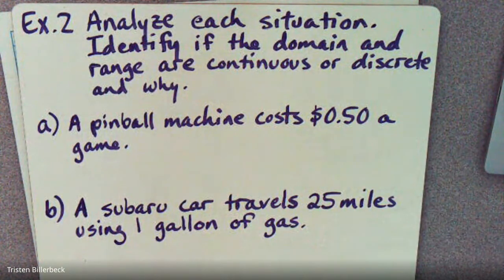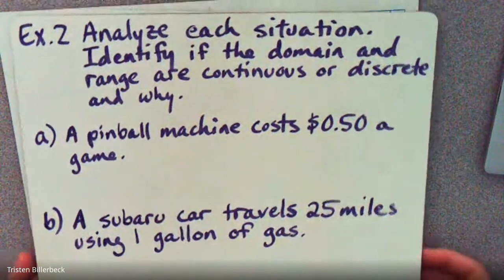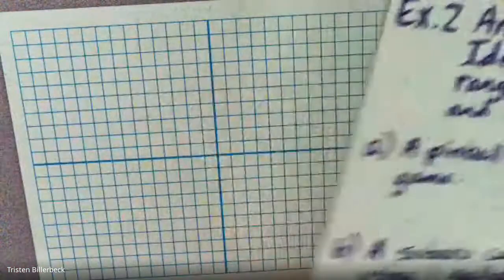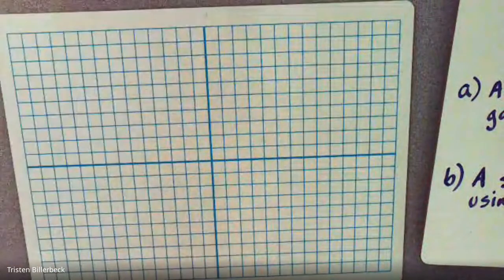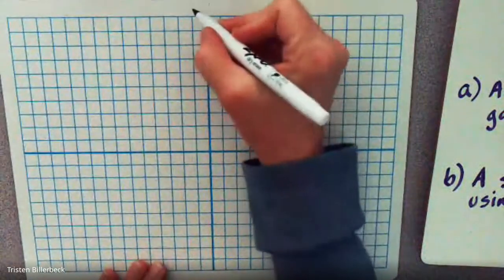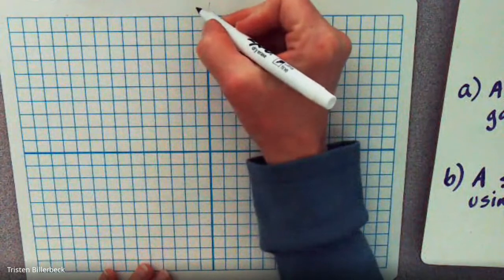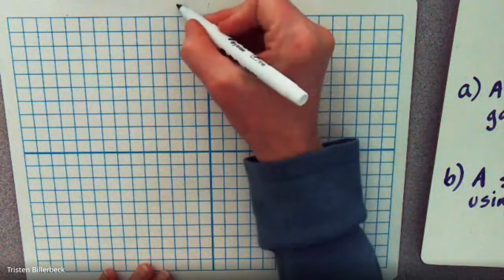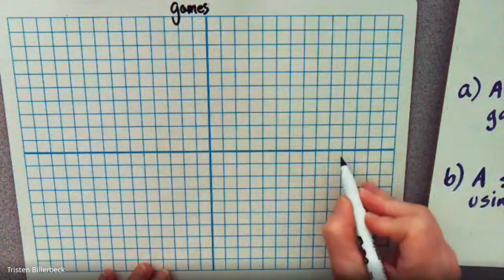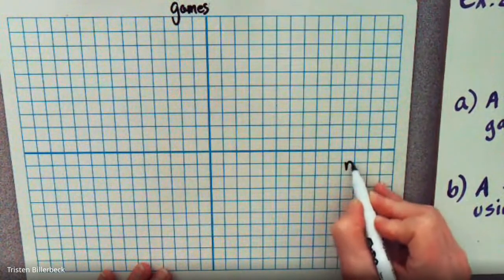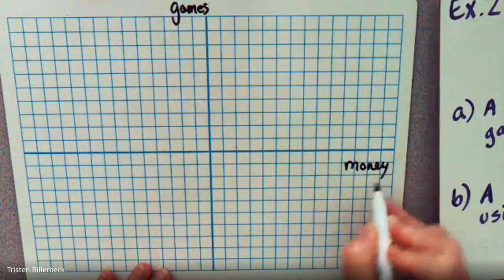So if we were to graph the pinball machine, let's say games played and money put in. So this axis is money.